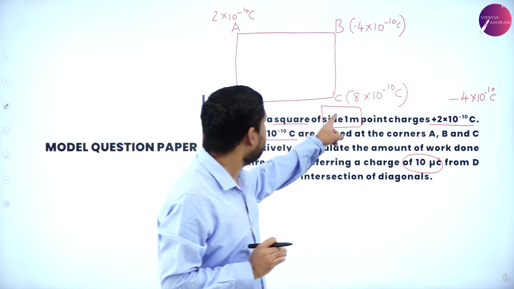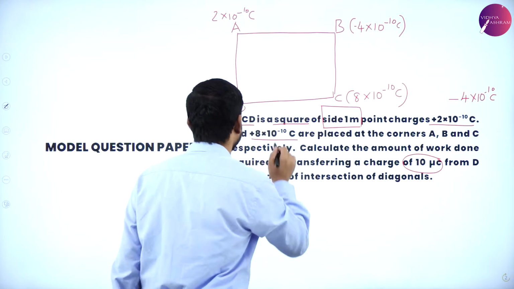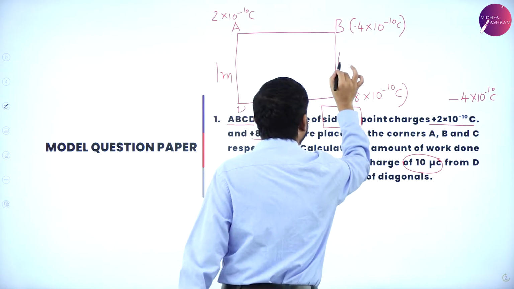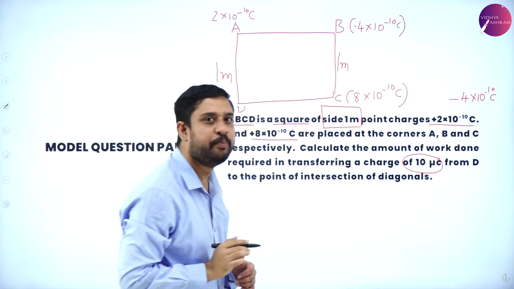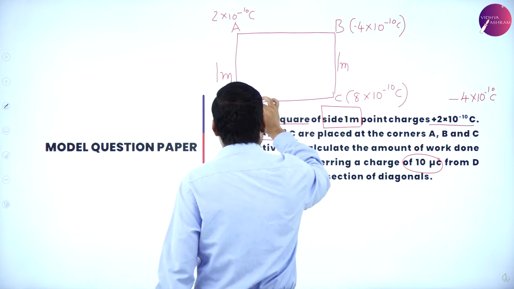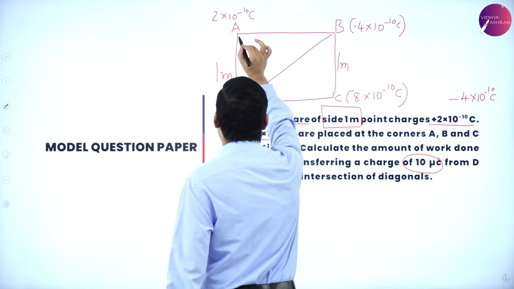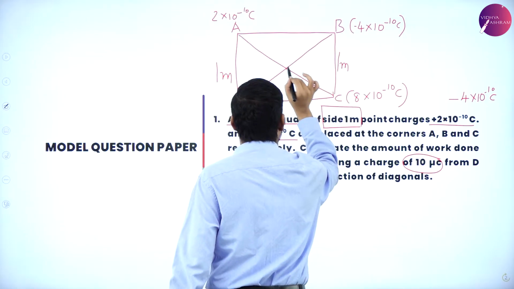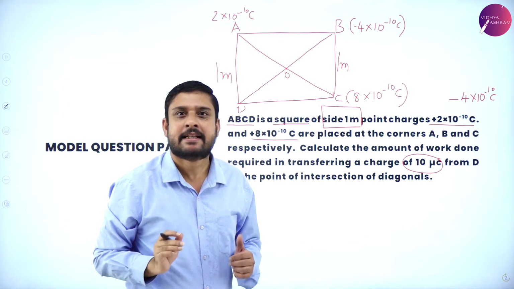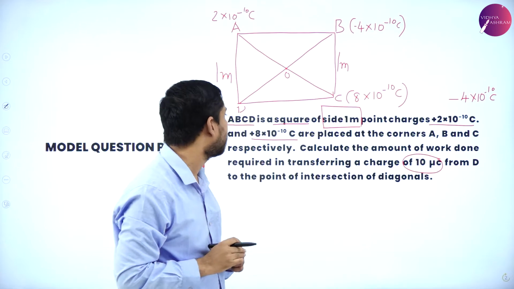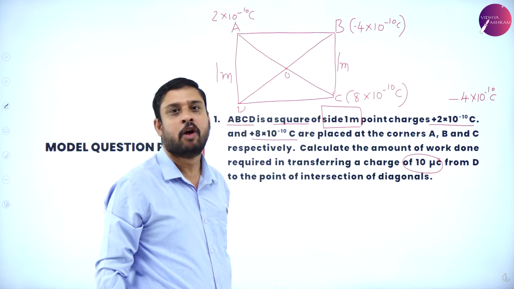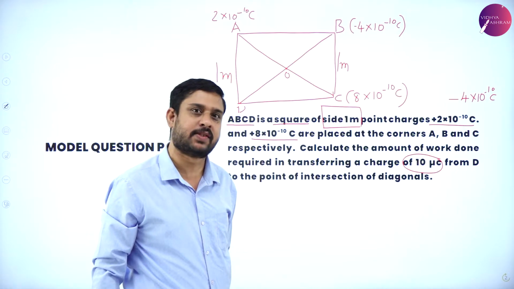Now, if you observe, the square has side 1 meter. Now I draw two diagonals. Assume O is the center or the point of intersection of the two diagonals.